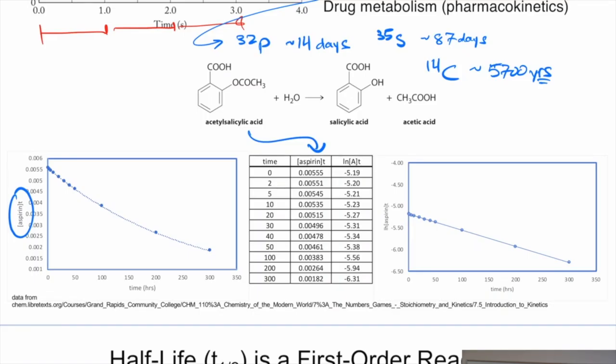It looks like a curve. Whereas if we plot the natural log of it, we get a straight line with a negative slope. Negative slope, and we know that that negative slope is equal to k. So we can actually calculate what k is from that negative slope.